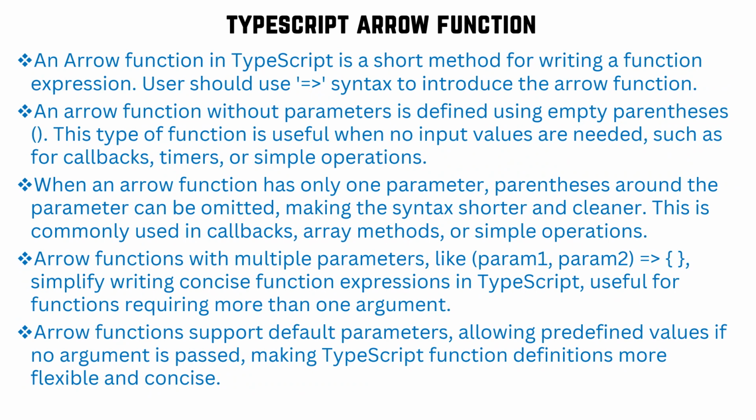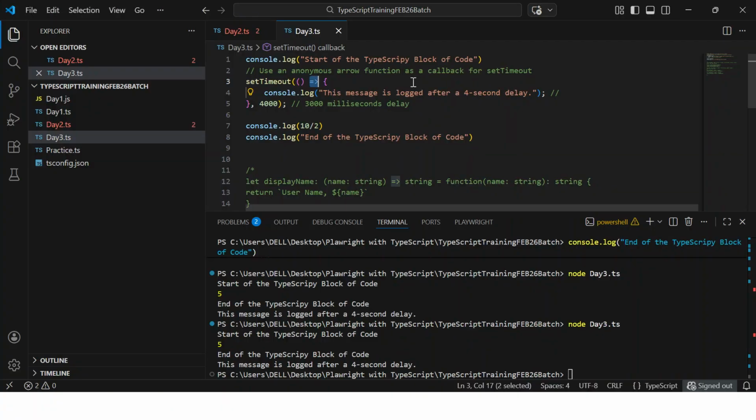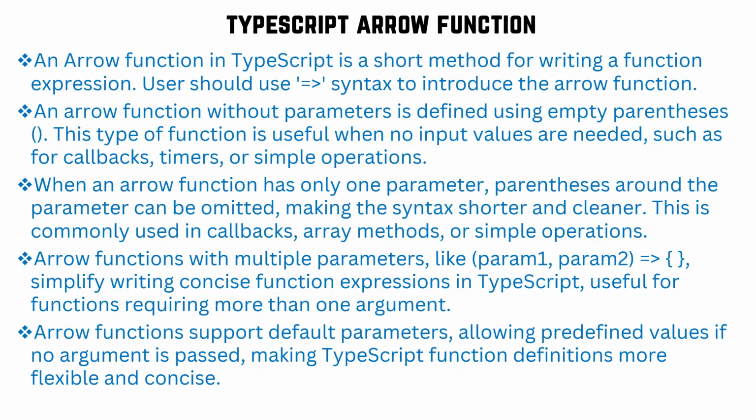An arrow function without parameters is defined using only empty parentheses. Here we did not use any parameter, so it's empty parentheses. This type of function is useful when no input values are needed, such as for callbacks, timers, or simple operations.